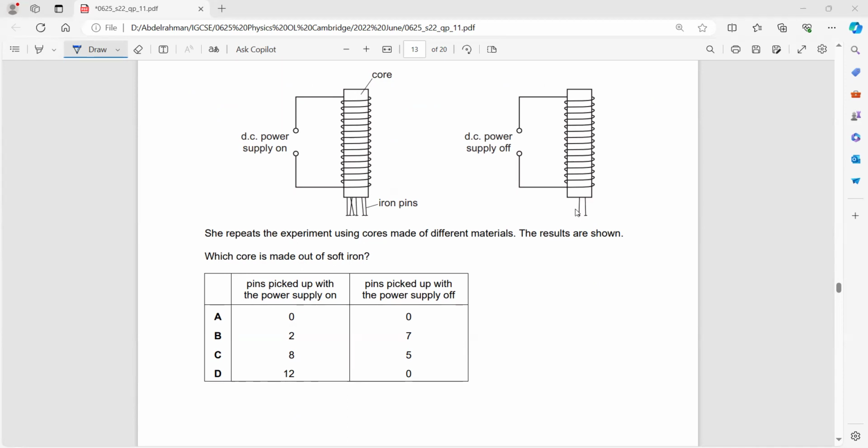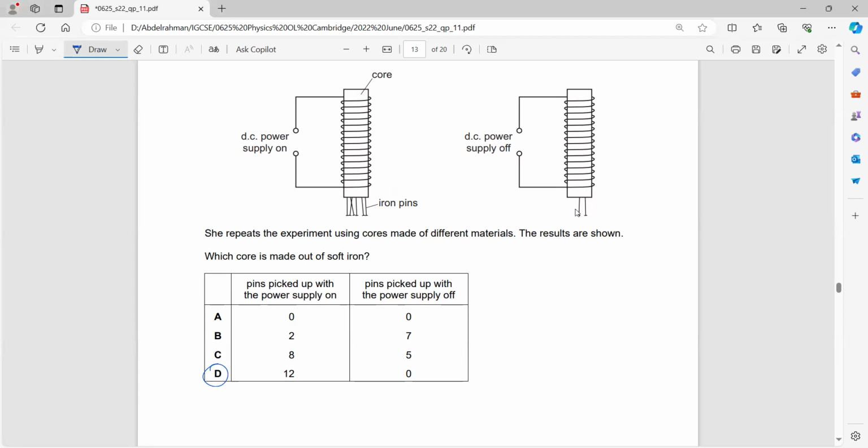Why not A or B or C? Any ideas? D is correct. Why?